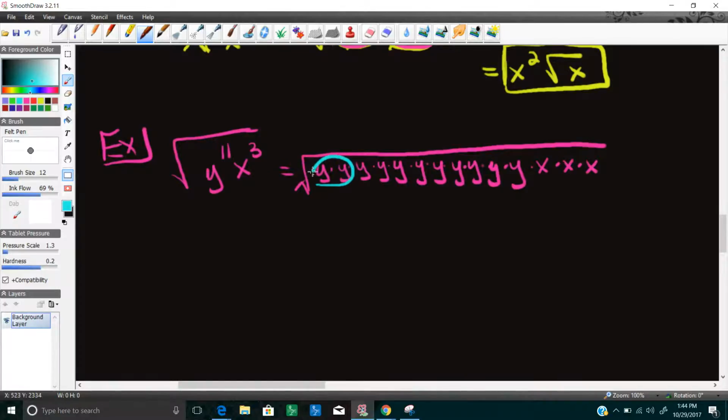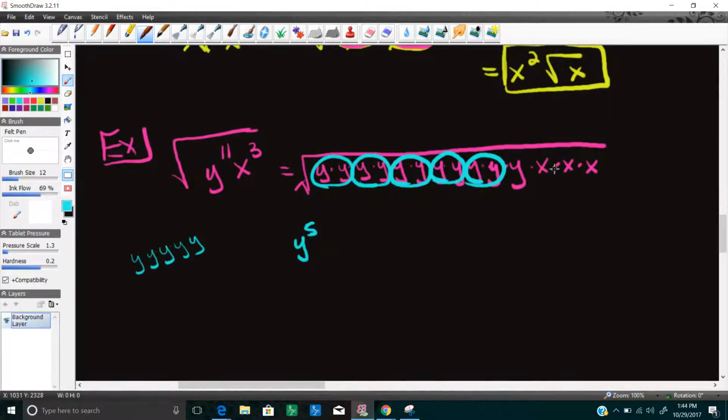Just like the previous example, I'm going to circle all my pairs. I have 1, 2, 3, 4, 5. So 5 pairs of y's. So I'm going to put y to the 5th, because I took out 5 of them. So y times y times y times y times y, 1, 2, 3, 4, 5. There's 5, so it's y to the 5th.